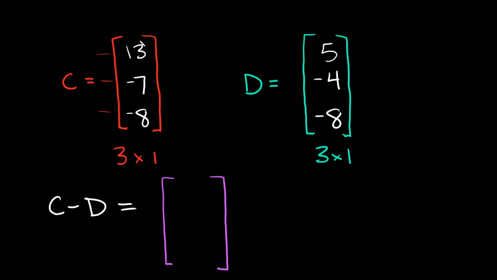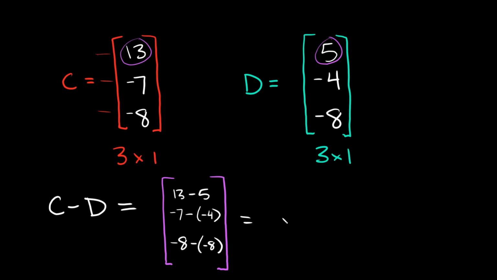Okay? So since this number's on top and this number's on top, you subtract those, right? So we're going to do 13 minus 5 on top. And then here in the middle, we're going to do -7 minus -4. And then on the bottom, we have -8 minus -8.